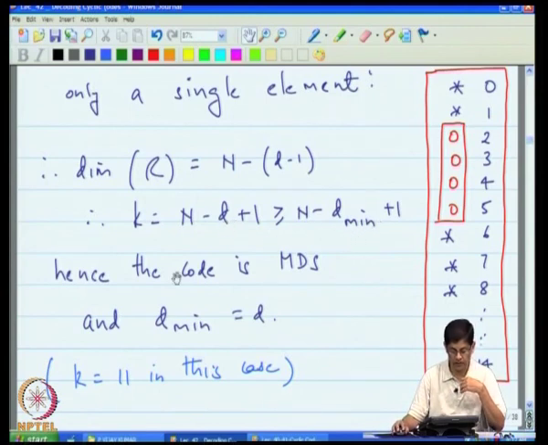of the code, because the minimum distance in general is greater than or equal to d, so this quantity is greater than or equal to n minus d min plus 1, since you are subtracting a potentially larger quantity. But remember that a code is maximum distance separable if k is equal to n minus d min plus 1.